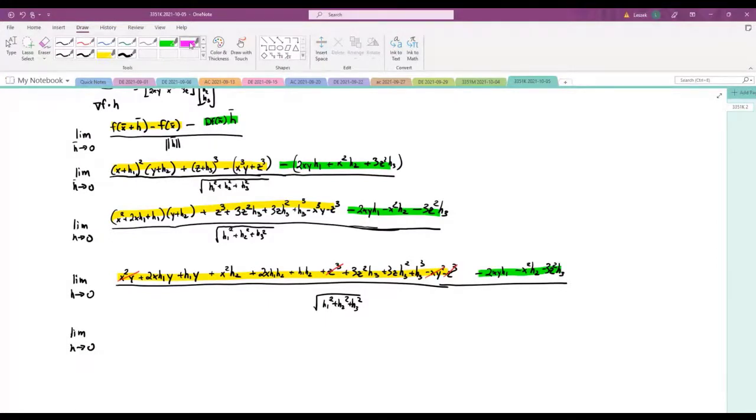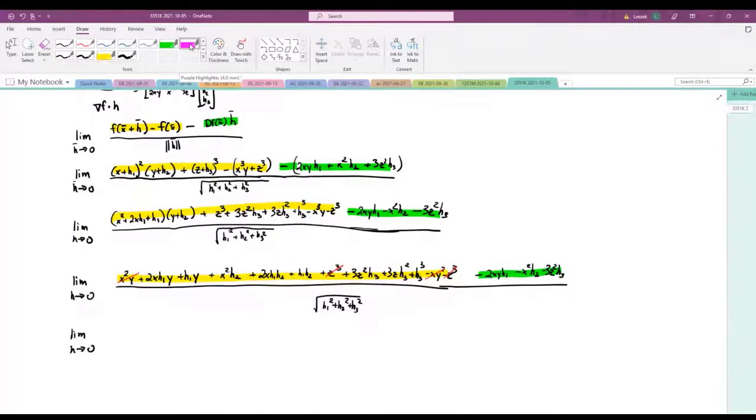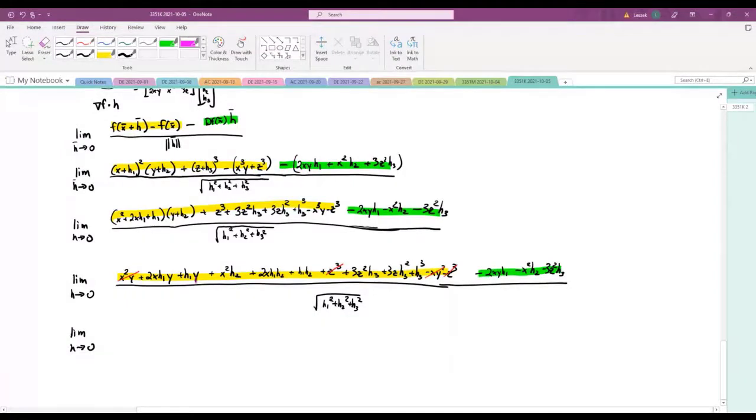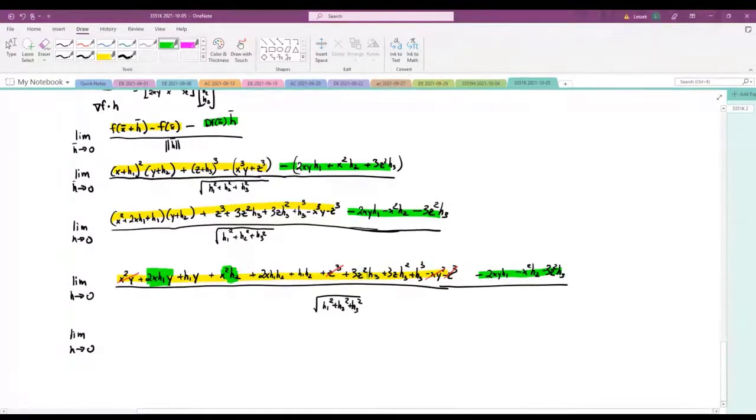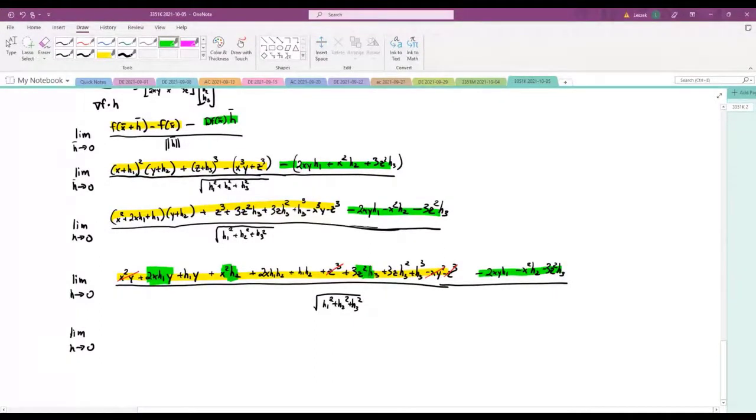But maybe what we want to notice is that the stuff that's in green, our linear operator acting on vector h, you see that over in this expansion, the yellow, right? We have 2xy h1 over here, and then x squared h2, negative 3, or is it 3z squared h3? So notice that's exactly all the... Ooh, I'm missing something.